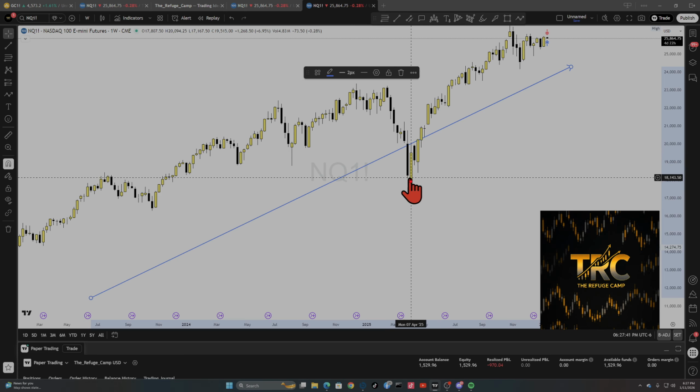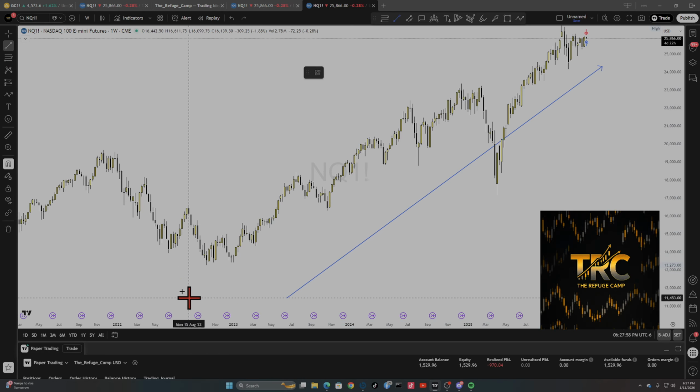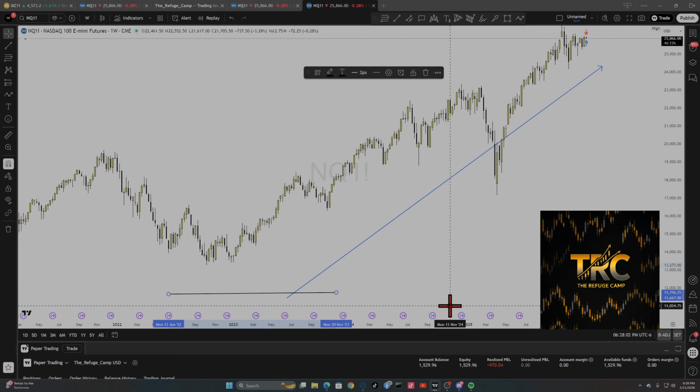And this attempted breakdown failed to set a lower low, right? All it did was retest prior lows, but did not set a new lower low. In order to do that, we would have had to set price below this point here. Okay?